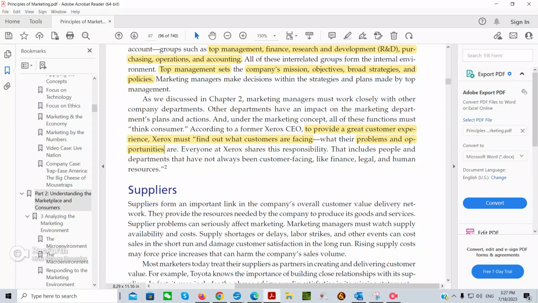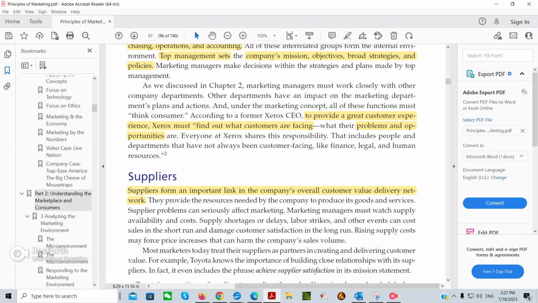Now let's talk about suppliers. Now suppliers form an important link in the company's overall customer value delivery network. Okay? Keywords are value delivery network. They provide the resources needed by the company to produce its goods and services. Supplier problems can seriously affect marketing. Marketing managers must watch supply availability and costs.